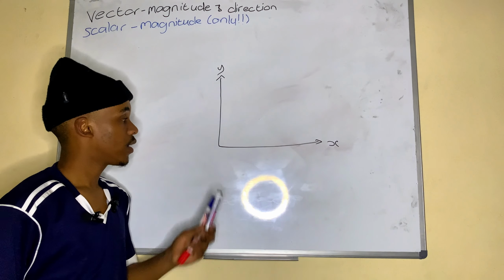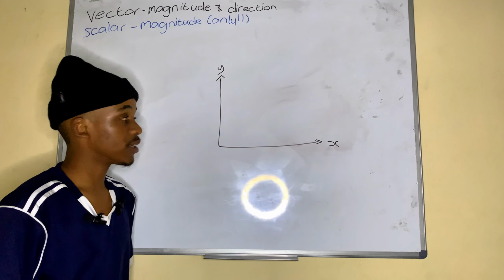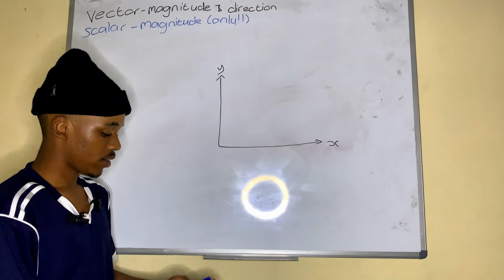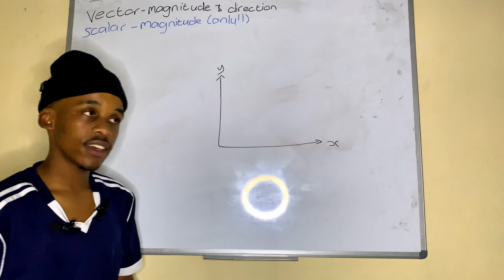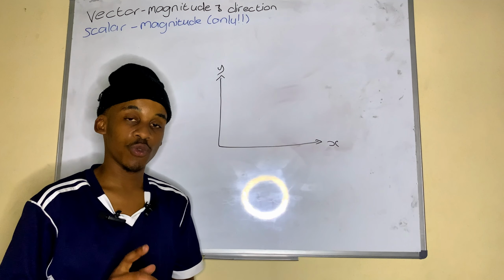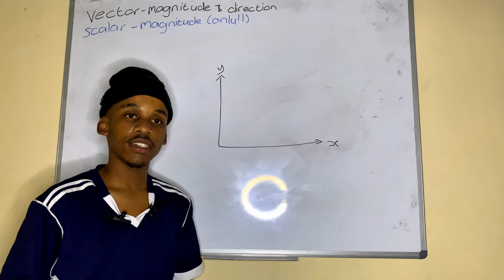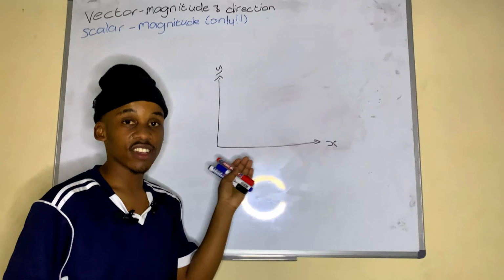We take our rectangular coordinate system over here. A unit vector is a vector that has a magnitude of 1 that we use to denote or to express the direction.